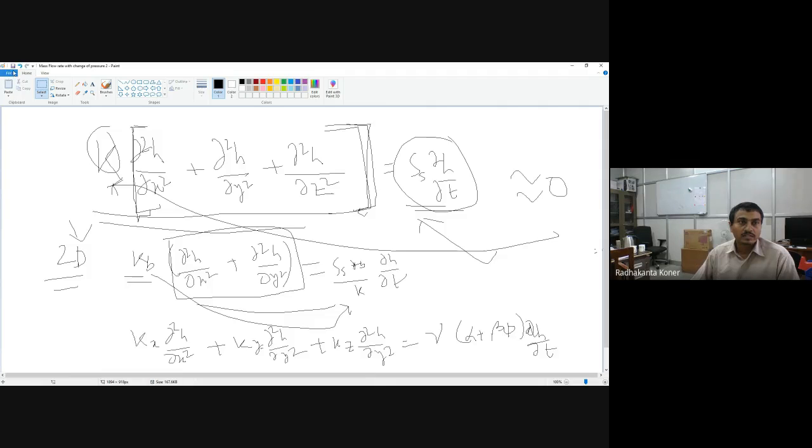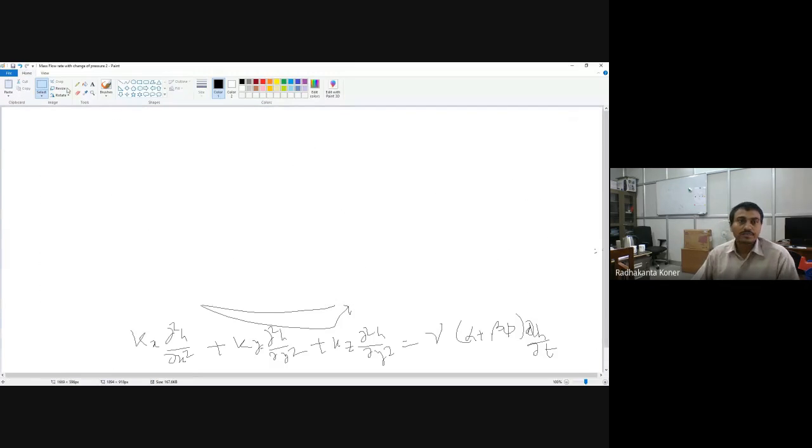saved as del square H by del x square plus del square H by del y square is equal to 0.